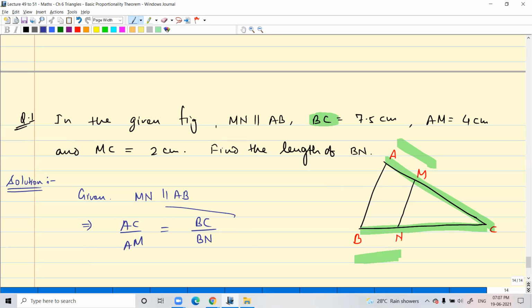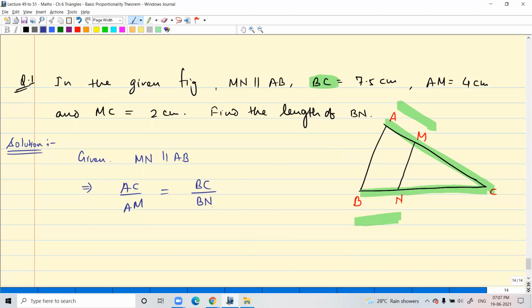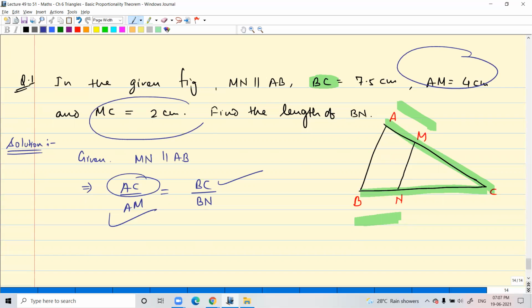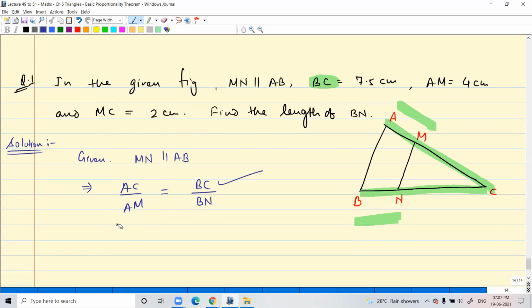Yes, I think this is the one which will help us solve it fastest. We need to find the value of BN and the rest of the things we already know. BC is directly given fully. AM is also given. AC is not given directly, but they have given you AM and MC. So we can find AC, right? So other than BN, we know everything else.